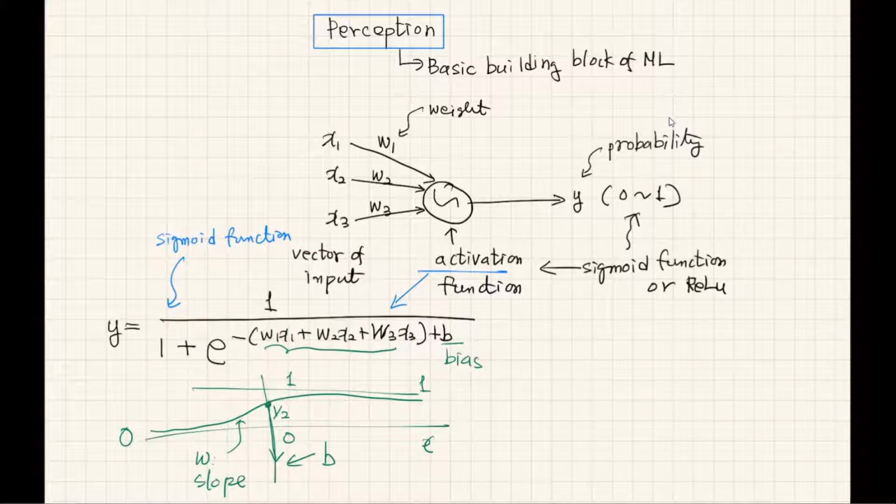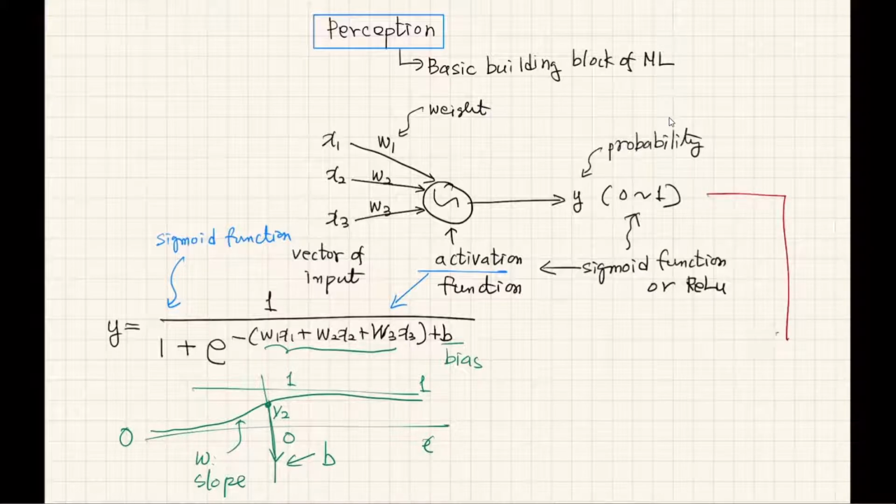So during the training process of this perceptron, you gradually change W and B to fit to the real data. That is called training process. So training process means that W1, W2, W3, and B will be adjusted to fit into the real data. So that process is called forward propagation and backward propagation.